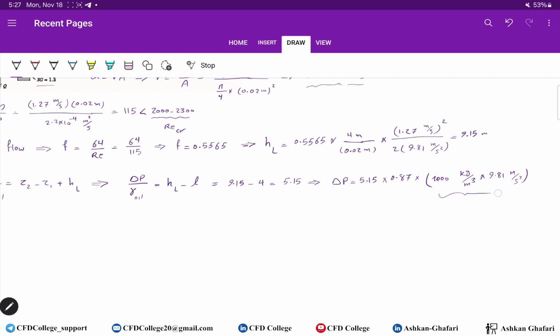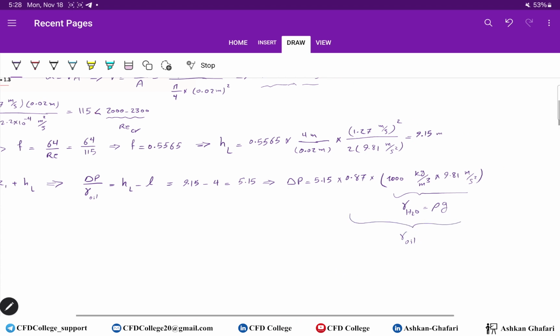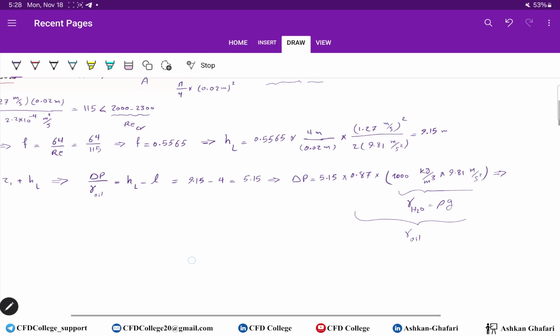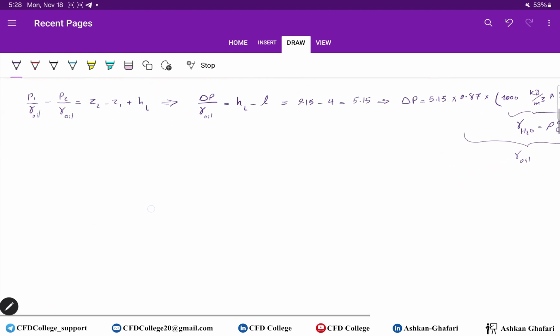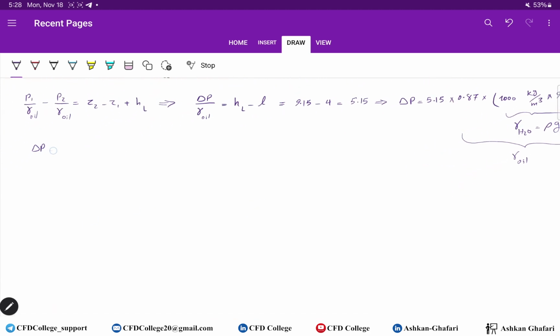So this is gamma of water, which is equal to rho g, and this is gamma of oil. So delta P equals 43.7 kilonewton per square meter or kilopascal.